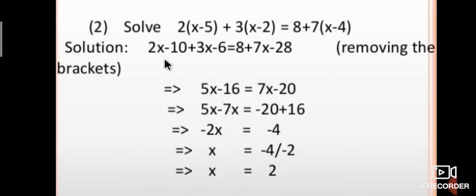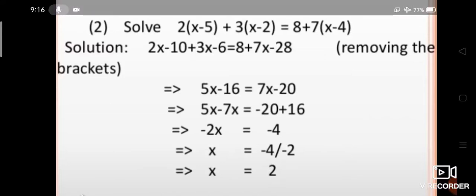According to this, remove the brackets first, multiply this one. 2 into x, 2x, plus into minus, minus, 2 fives are 10, plus 3 into x, 3x, plus into minus, minus, 3 twos are 6, is equal to 8 plus 7 into x, 7x, plus into minus, minus, 7 fours are 28.